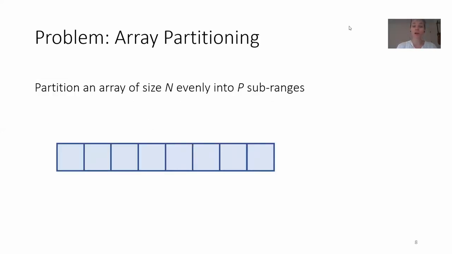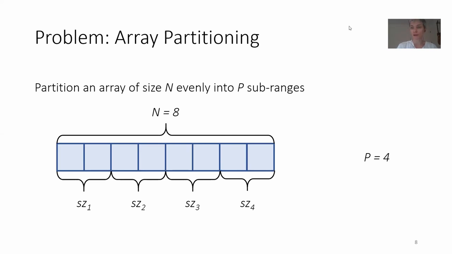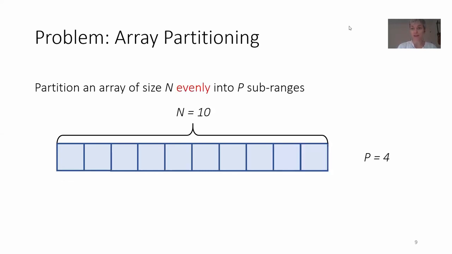So the problem that we're going to focus on today is called array partitioning. We want to partition an array of size n evenly into p subranges. So this is very easy to do, of course, if n is a multiple of p, then we can simply assign n over p size to every partition. But if n is not a multiple of p, this is just a little bit more complicated, right?